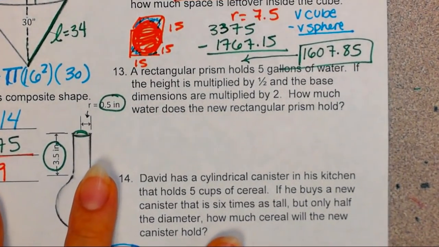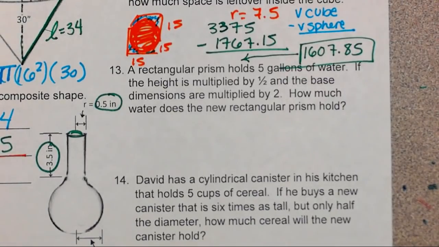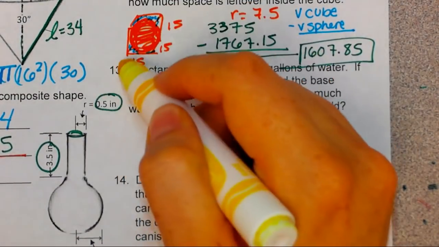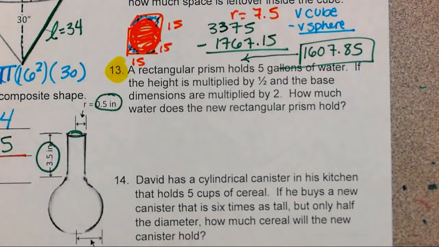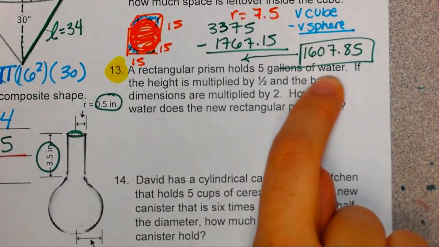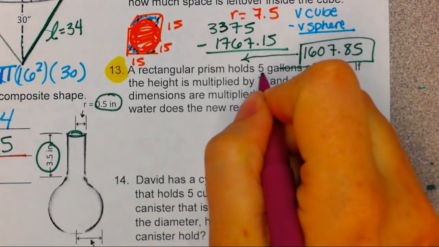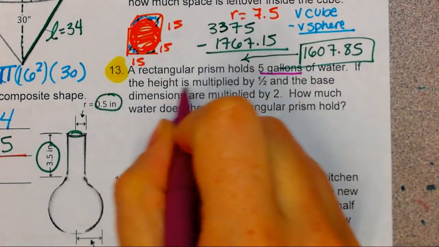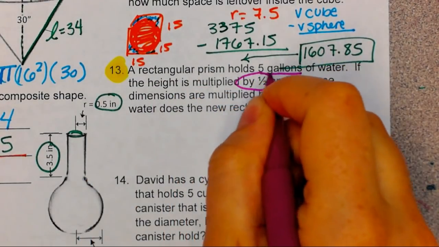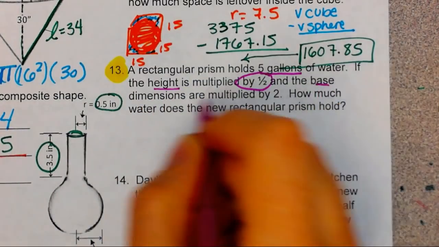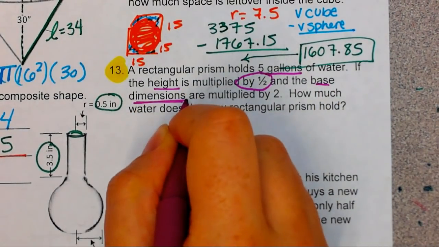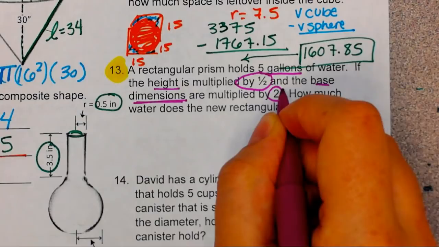There's a problem on the test that is a lot like number 12 and also a lot like number 13. That's why I wanted to do these first. This one says a rectangular prism holds 5 gallons of water if the height is multiplied by a half and the base dimensions, plural, are multiplied by 2.